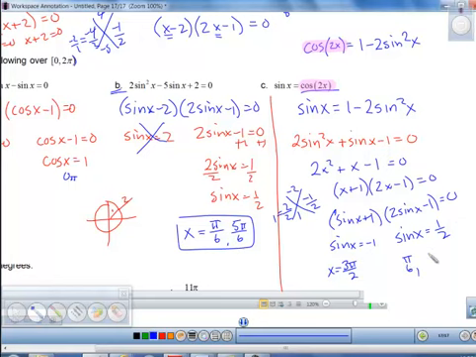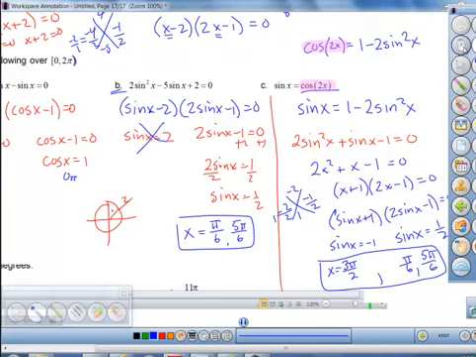And then where else is it? 5 pi over 6. Okay, so these are all our values that are the solution for part C.